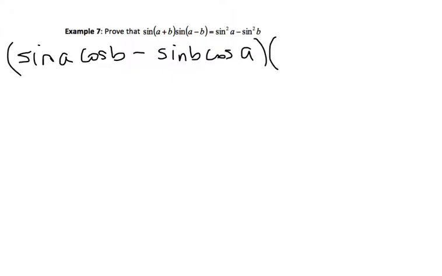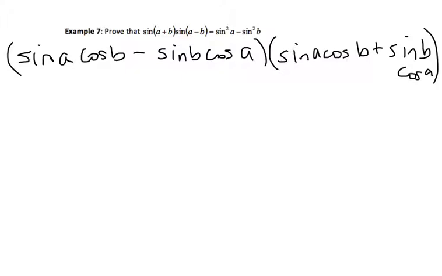Okay, prove sine A plus B times sine A minus B equals sine squared A minus sine squared B. So sine A plus B, that's sine A cos B minus sine B cos A, all multiplied by sine A cos B plus sine B cos A. Okay, if I do my FOIL, I'm going to end up with sine squared A cos squared B. This is a difference of squares, so my middle terms, I believe, are going to cancel.